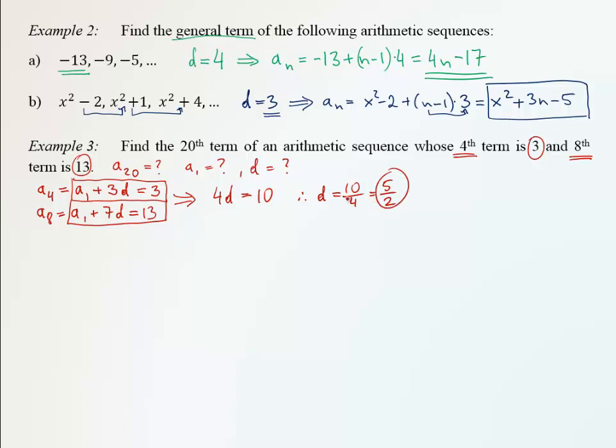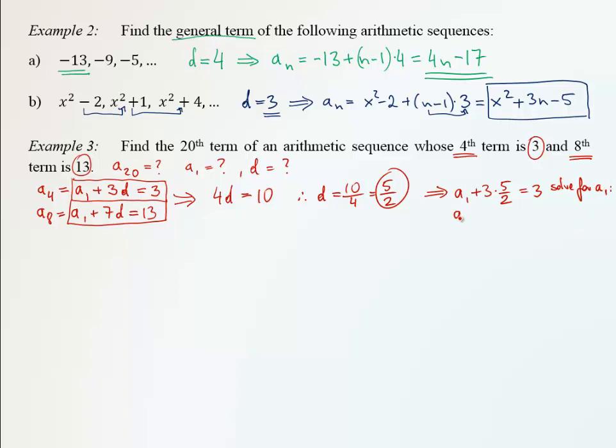As soon as we have d, we can find a1 by plugging the value for d, for example, into the first equation. So, a1 plus 3 times d, which is 5 halves, equals 3. And we need to solve for a1.